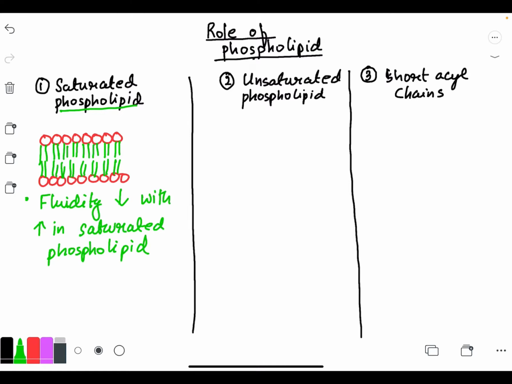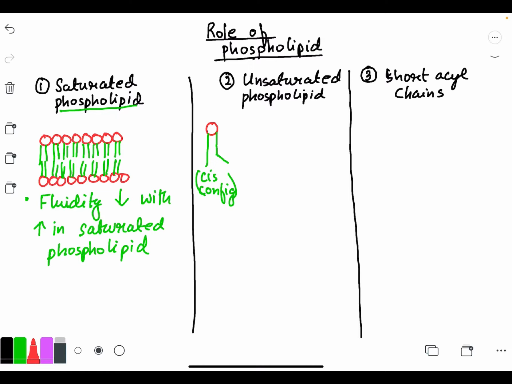Now coming to the unsaturated phospholipids, these have a unique type of structure, right? There is one normal acyl chain, and the other part, or one phospholipid, or both, may have a double bond, and due to this double bond there is a kink produced, right? This type of bend is produced. Usually it is a cis configuration, right? Cis configuration of phospholipids usually increases the fluidity, right?